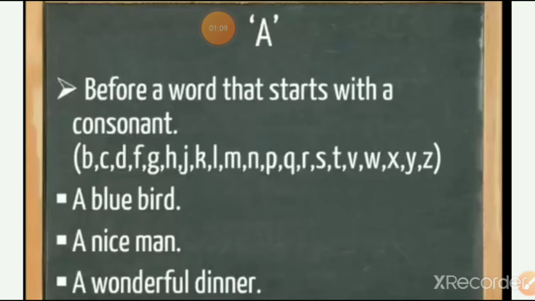We use a before a word that starts with a consonant: B, C, D, F, G, H, J, K, L, M, N, P, Q, R, S, T, V, W, X, Y, Z. For example, a blue bird, a nice man, a wonderful dinner.